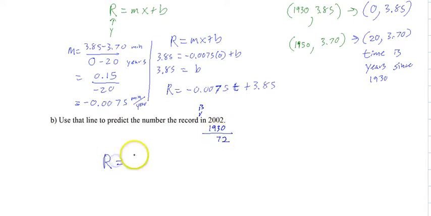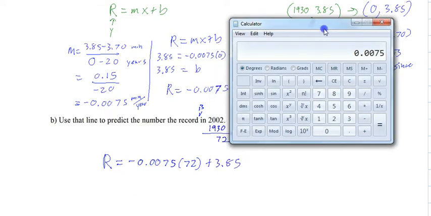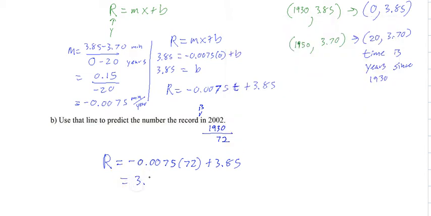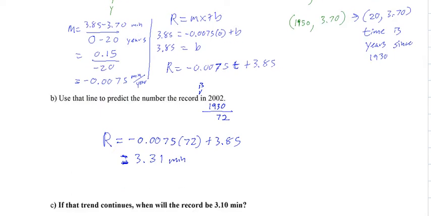So if we plug in 72 into our calculator, so I can just put a negative on that, times 72 plus 3.85. 3.31. So in 2002, the record should be 3.31. The only way to figure that one out is to actually go online and check it. But there it is. Okay, let's answer some more questions.